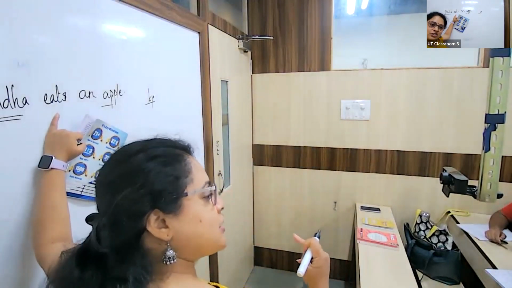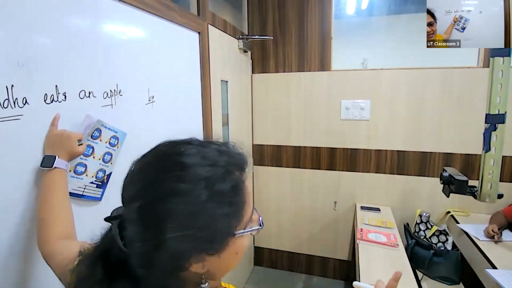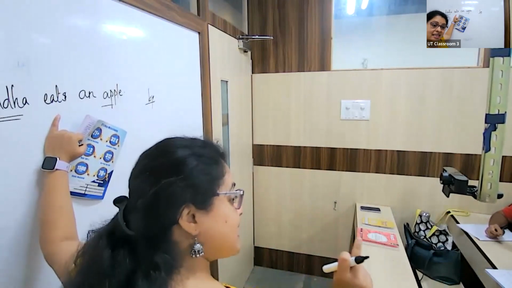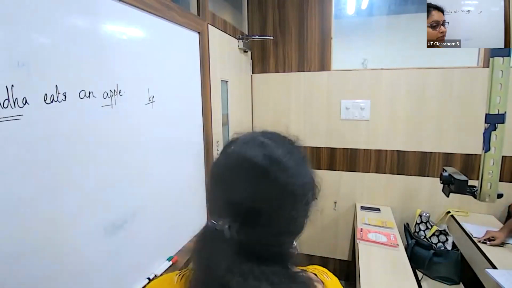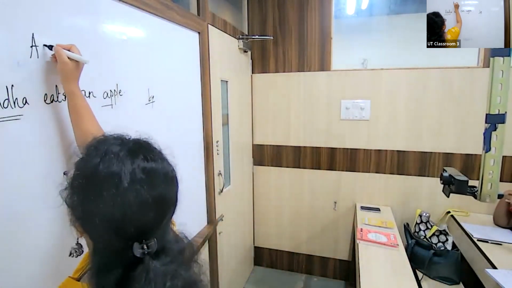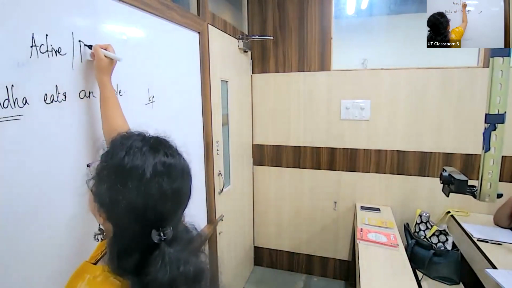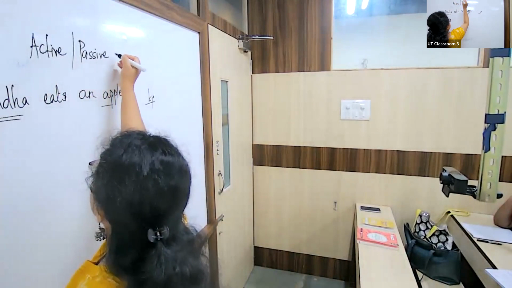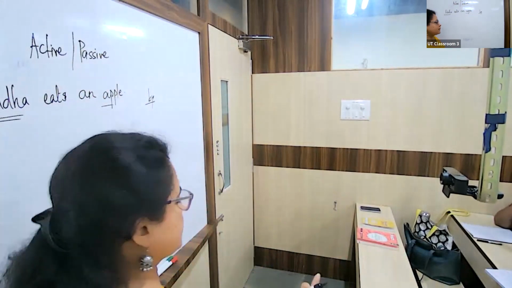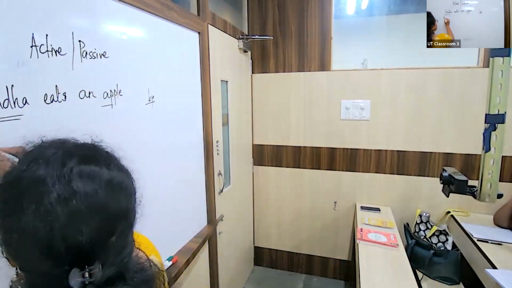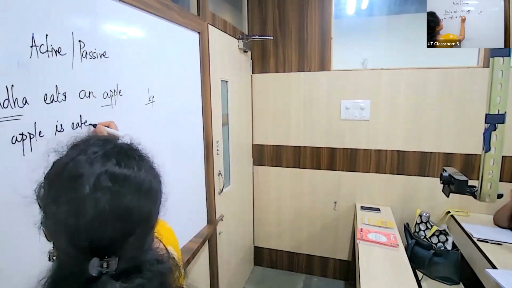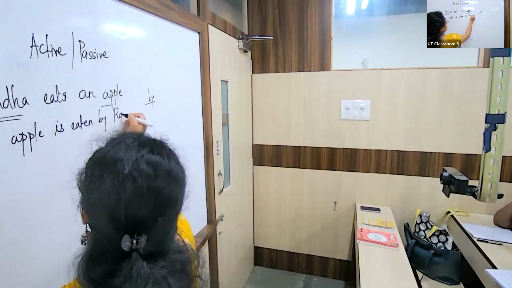So you should always check the tense of the sentence while changing it to passive, and you should retain the same tense. यहाँ पर tense change नहीं होगा. याद रखना. So when we change from active to passive, we do not change the tense. We retain the tense. Therefore, it will be: an apple is eaten by Radha.